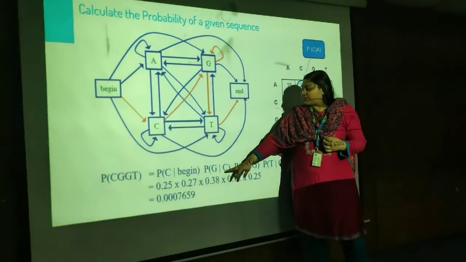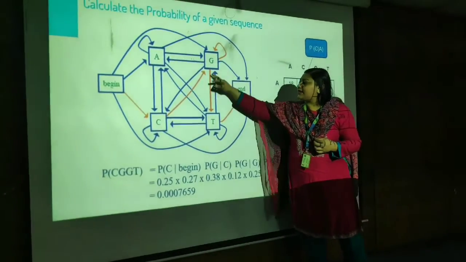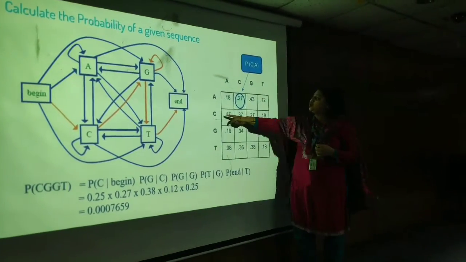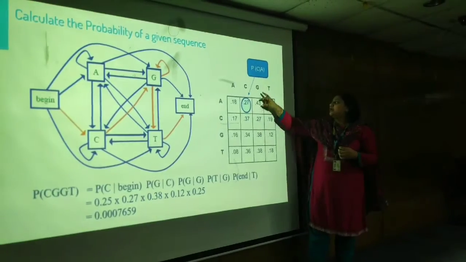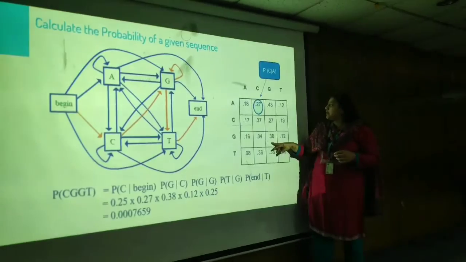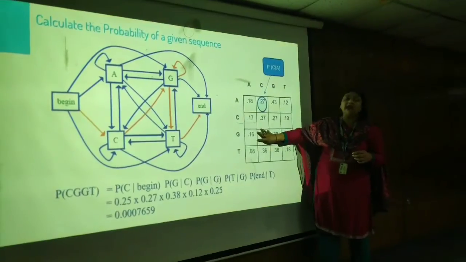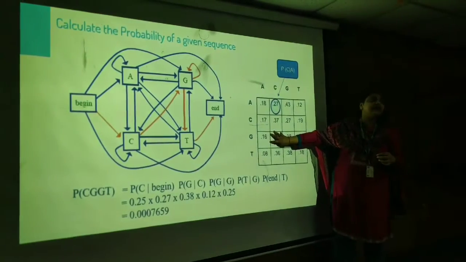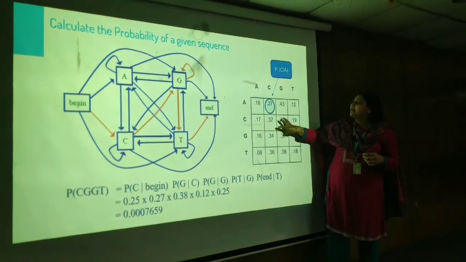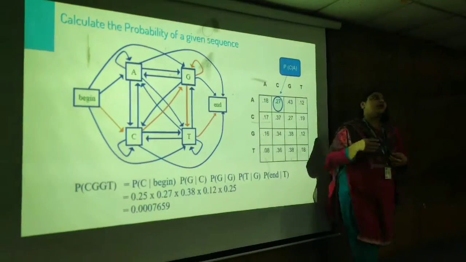If we need G by C, look at C by C, so going vertically, G to C will be 0.27. Don't do it the other way, C by G, because that will give another value. Don't make that mistake. Did you understand, class? We should go like this, G by C. Okay, any question?